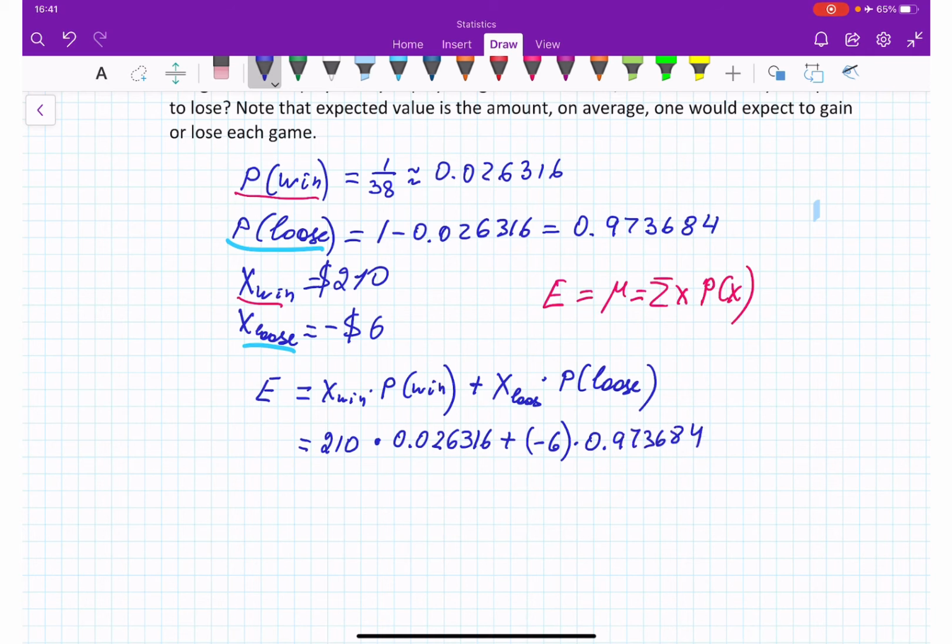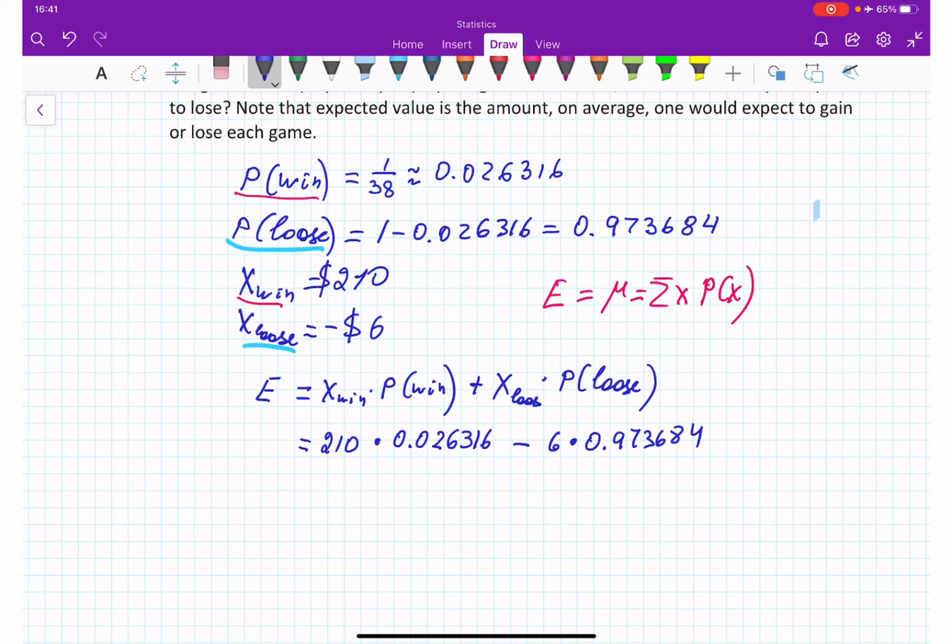Now I wrote it this way so you can see it, because 6 is negative, but mathematically we don't need it. All I can do is take off this plus and just put here minus 6 times this.